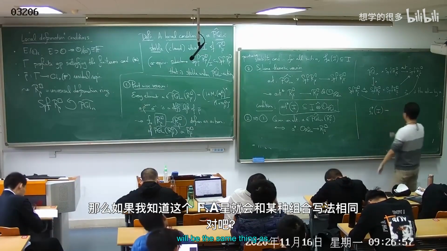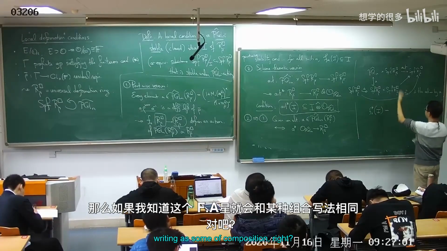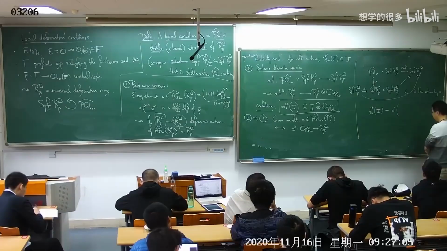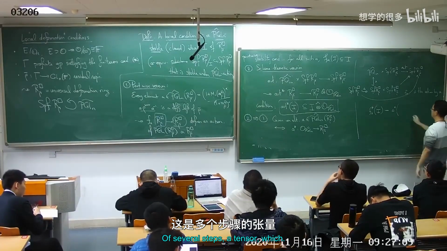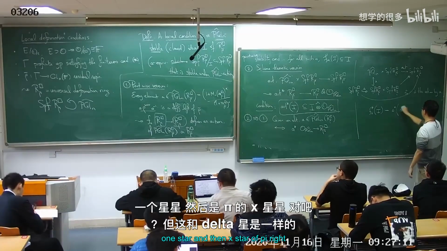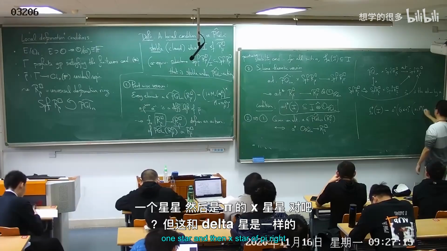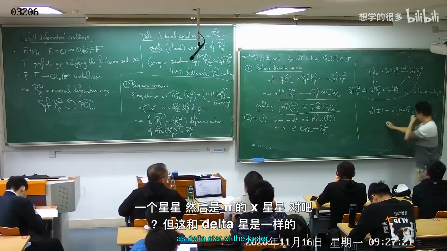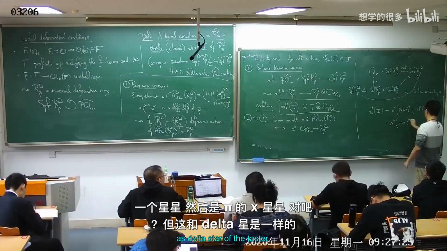Then FA star will be the same thing as some sort of composition: delta star of, hold on a second, several steps, A tensor with 1 star, and then action star of I. But then this is the same thing as delta star of a tensor.